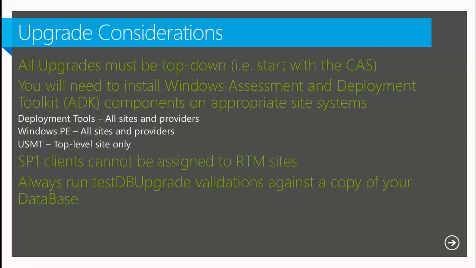In 2012 SP1, though, these do have to be provisioned by the user themselves. There is a prereq check that runs during upgrade that will look at your site roles and call out, hey, you need to have the deployment tools deployed on this provider, and it's not there. You need to take care of that. So don't worry right now about making sure to write all this down or go check the TechNet documentation. The prereq rule will actually flag that for you.